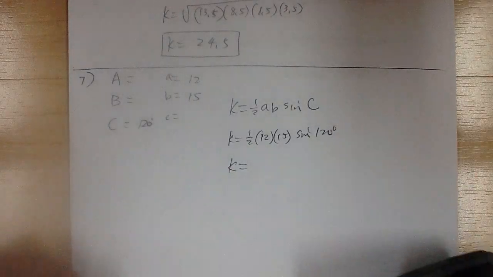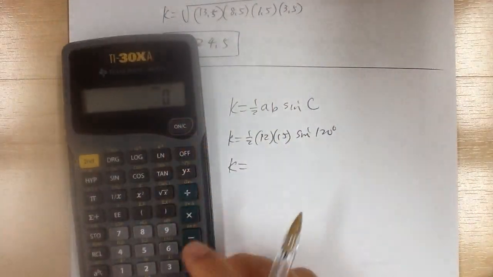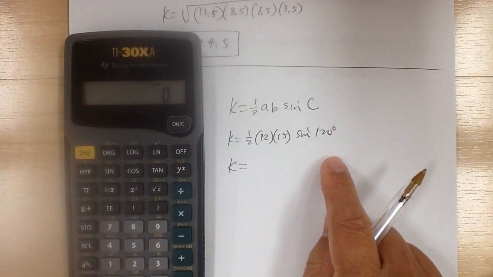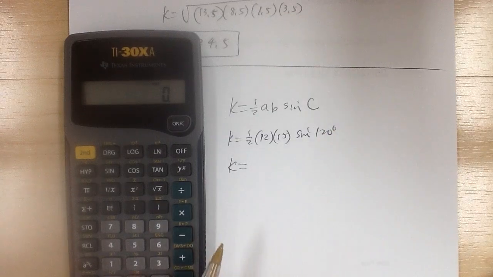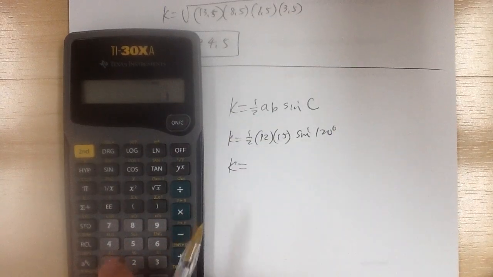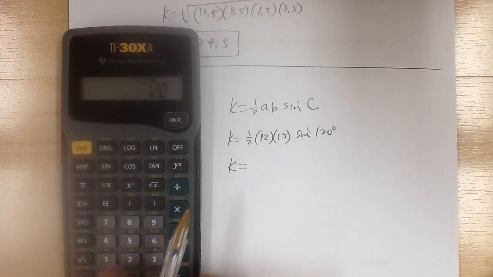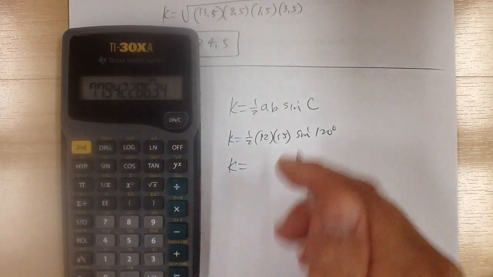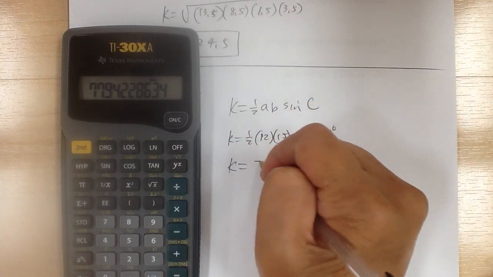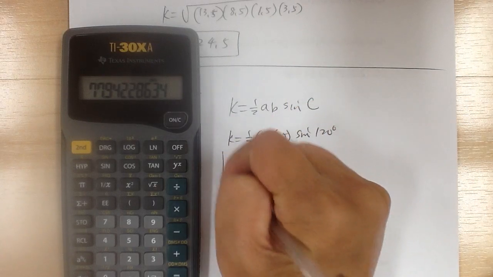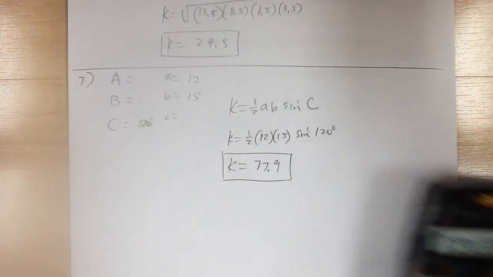So use your calculator, enter all the numbers in here. So 0.5 times 12 times 15 times 120 sine equal, and this will give you 77.9.